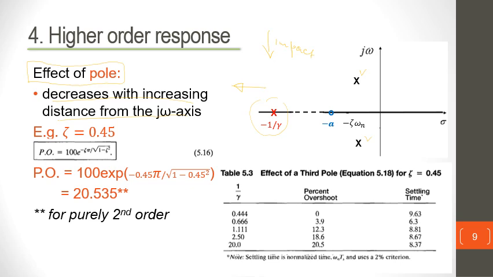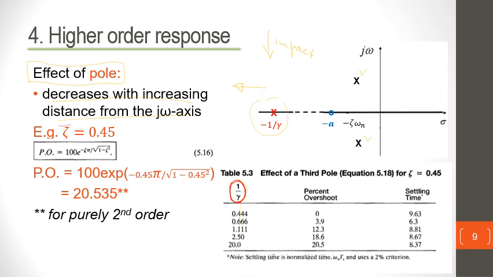Take for example here, let's say you have a second order system, and this second order system has a distant pole, a third pole, located at this point, and then we want to see how that pole affects the overall performance of the transfer function.